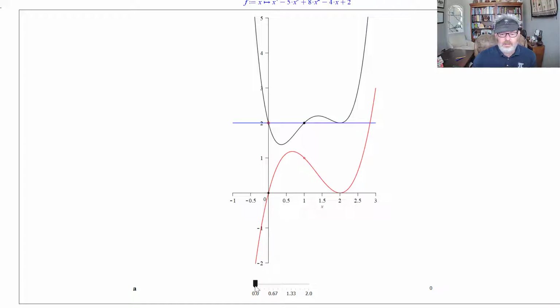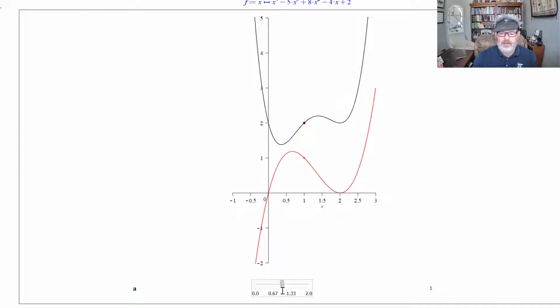And then as I change Q, the slope's getting steeper and steeper. It gets biggest right around there for the secant line. And then I'm getting closer and closer to the point 1, and then whoops, it disappears.